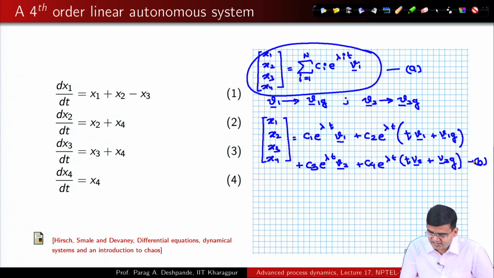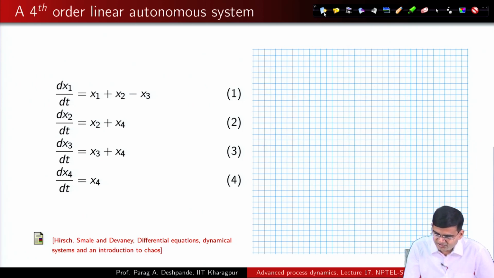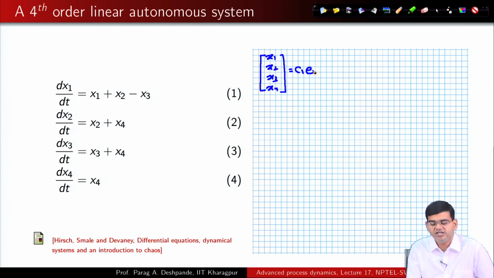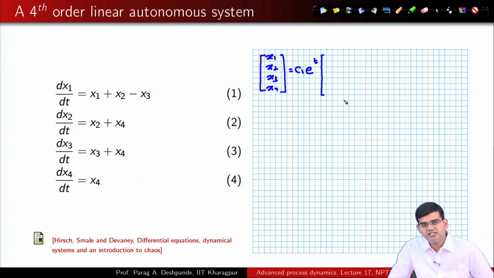So, let us write down the solution. What would the solution be? x1, x2, x3, x4 is equal to C1, the eigenvalue is simply 1, so e to the power t times the first original linearly independent eigenvector.